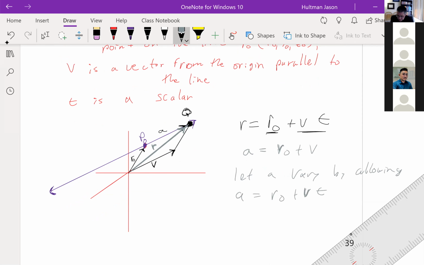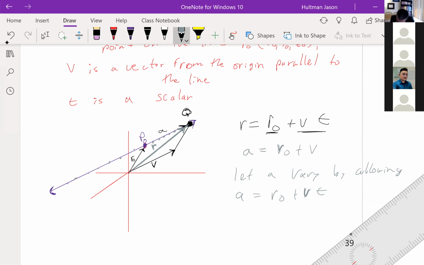So if you let the size of my vector here, v, vary, go positive to whatever point or negative to whatever point, if I let t be 2 or 3 or 1.5 or 7 or whatever, aren't I allowing myself to go to any point on this line?